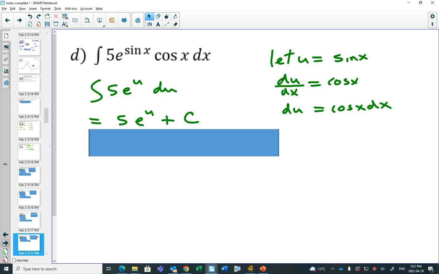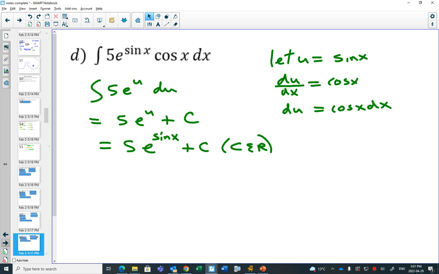So you'd still have 5e^u plus C. And now we can substitute everything back. Now that you see the answer, it's easy. But the problem with doing these in your head is there's a lot of data originally. What the substitution does is it breaks it down for you to easier data, so you can do one part, the easy derivative part first, and then just substitute back afterwards.